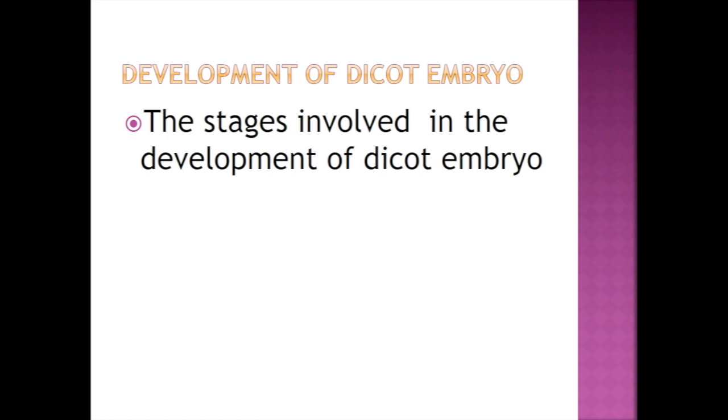A, zygote. Then B, two-celled, that is the pro-embryo. Then four-celled, then globular embryo.